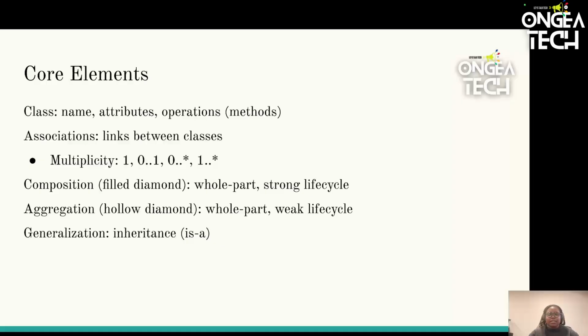This means that the connection isn't too strong, it's not a strong bond. And then generalization is more about inheritance. We will also not go into details with that, but these are the core parts of UML classes.